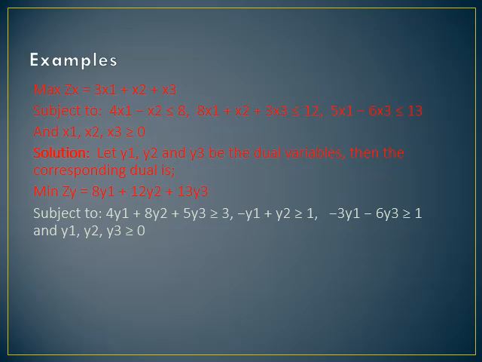Now the objective function is min y equals 8y1, where 8 is the constant of the first constraint, plus 12y2, where 12 is the constant of the second constraint, and 13 is the constant of the last constraint.